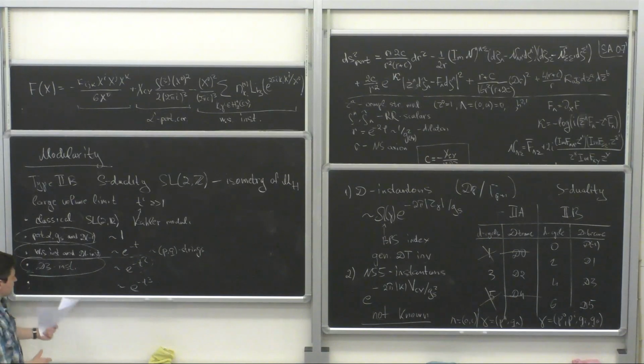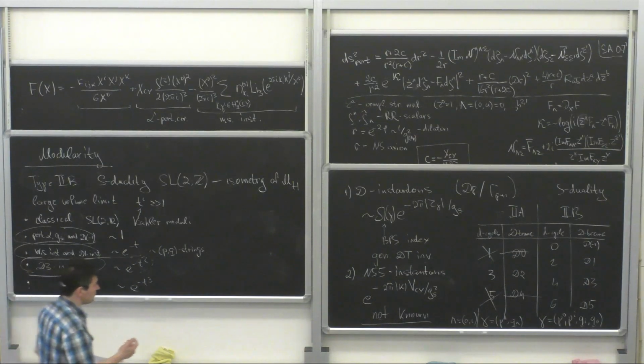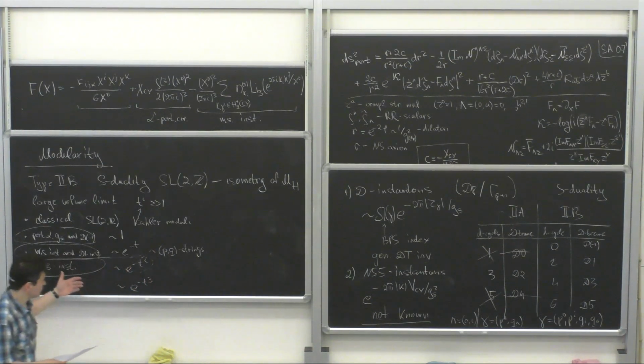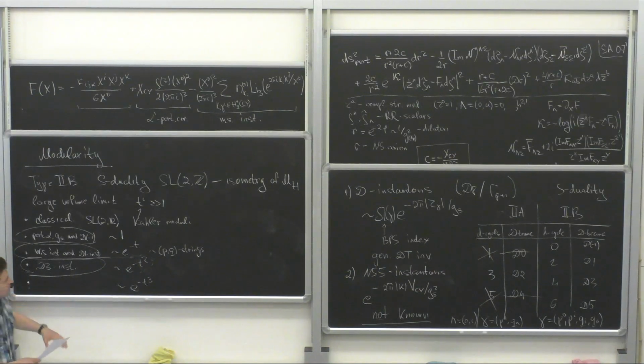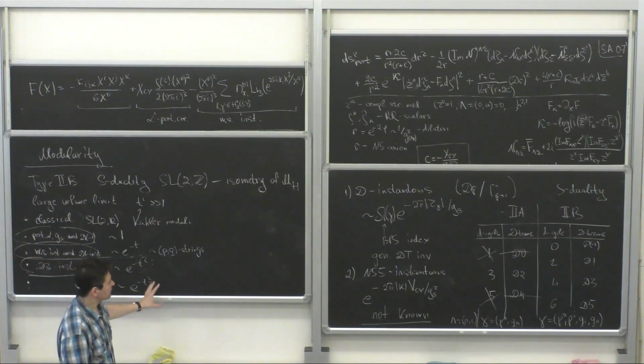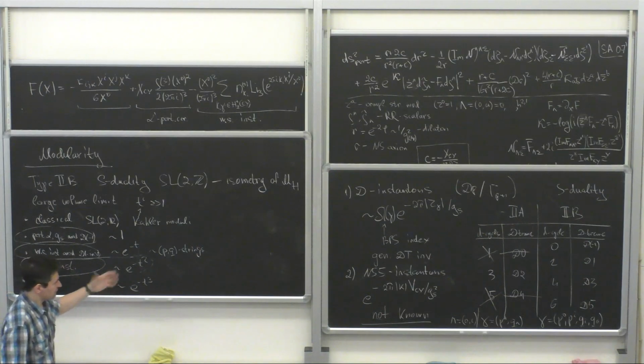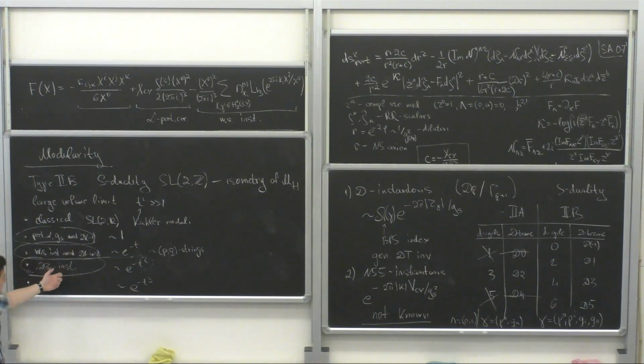So what happens here? I told you, by some miracle, these should respect SL2Z symmetry. And what happens is that they do respect this symmetry. It's very non-trivial, but this happens.